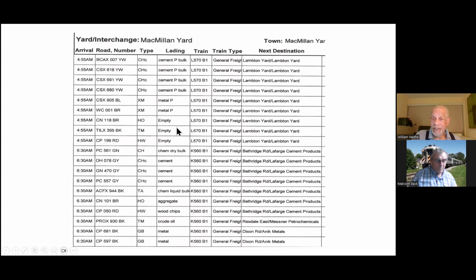And for each train that comes back, here's the local 570, which is one of the locals, and we use the same number and letter designation as is used on the prototype for a local train.